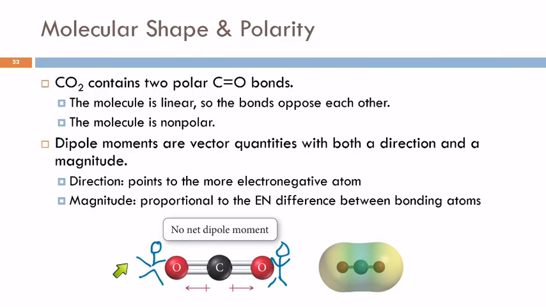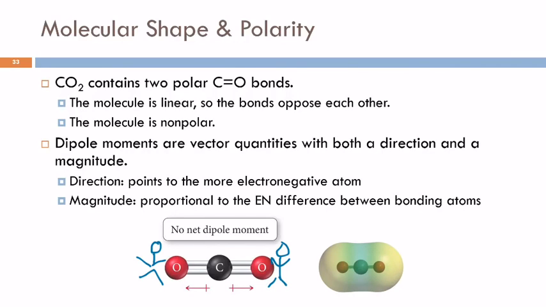He's pulling in this direction, and this one's pulling in that direction. They're equally strong. Is that carbon atom going to move? No, it won't move. Now, if this guy was weaker and this guy was stronger, then the whole thing would move to the left. But because they're equal and exactly opposite, nothing happens. So we say that those dipole moments cancel out. The dipole moments in the bonds oppose each other, right?